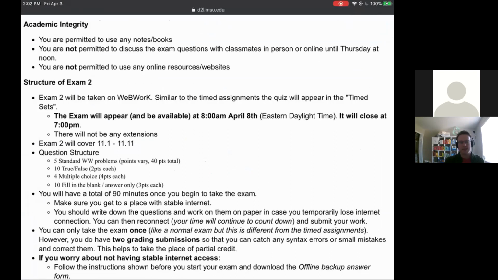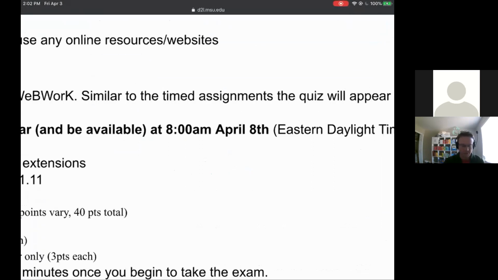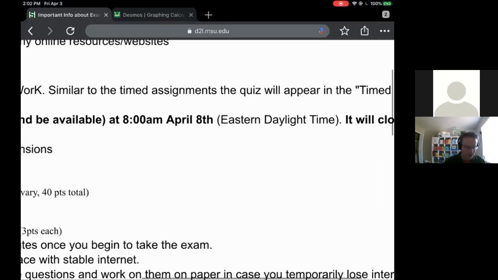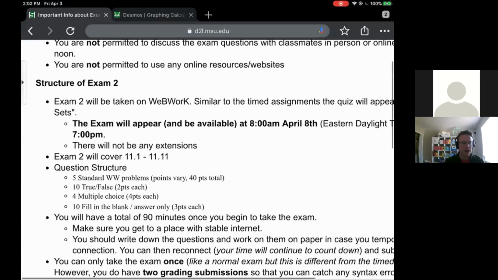This is an important distinction between the quizzes versus the exams. You have between 8 a.m. Eastern Standard Time and 7 p.m. Eastern Standard Time. So make sure, if you wait and think you can take it up until like 11:59, you'll be quite sad. Please mark your calendars and take it in that time frame. It does cover all of Chapter 11.